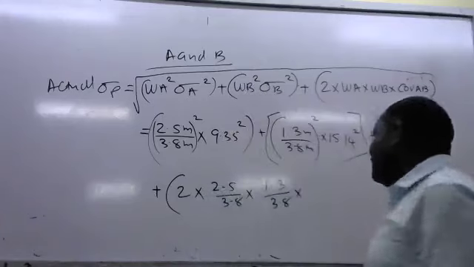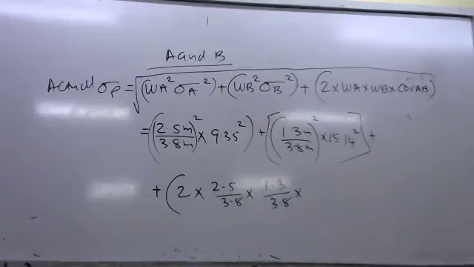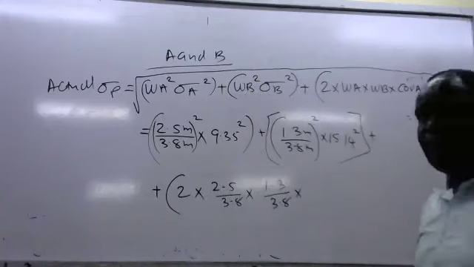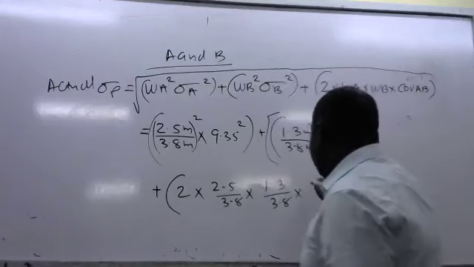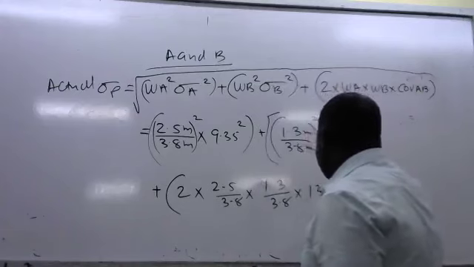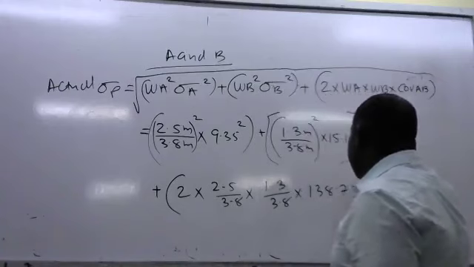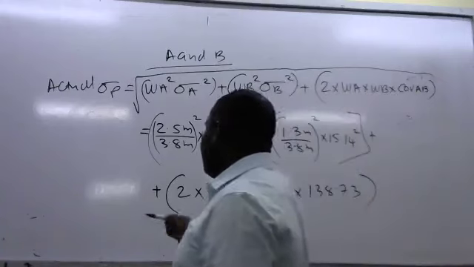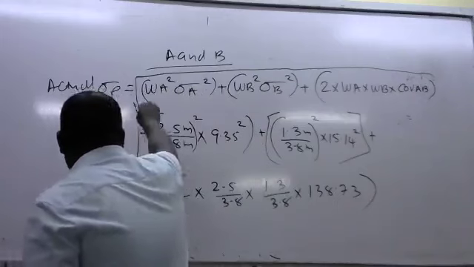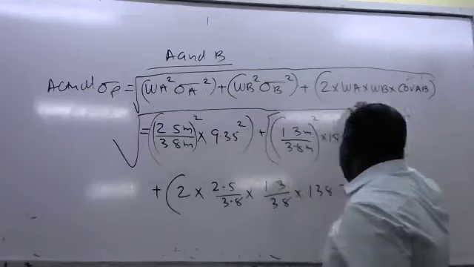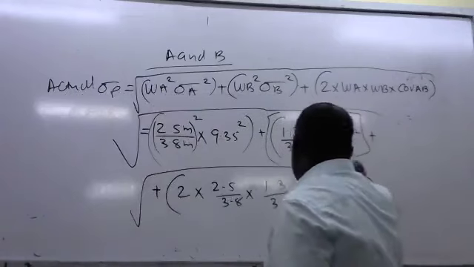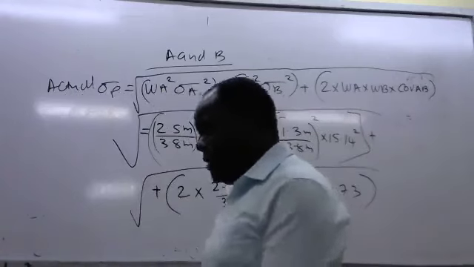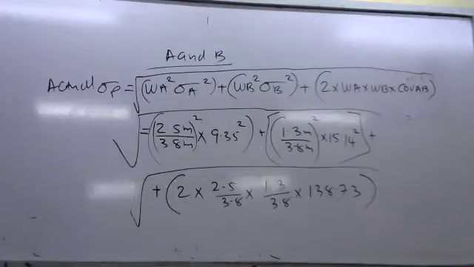So the covariance you got, which one? 138.73. So that's the total. I will not do the other one, I'm only showing you how to spend time, because that was not actually as planned.